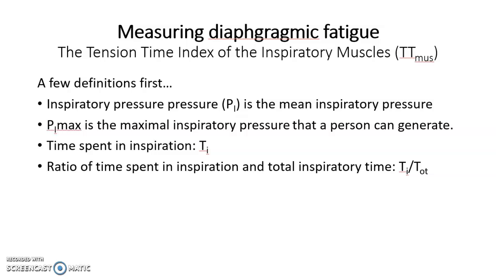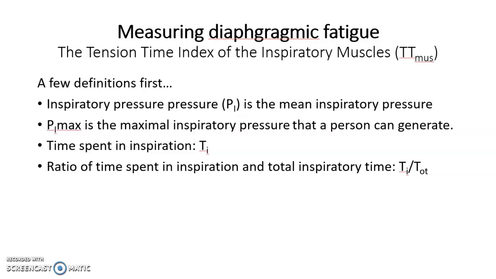Okay? So, how do we measure and figure out that the diaphragm is failing? Well, the gold standard for determining that is the tension time index of the diaphragm. Unfortunately, that's pretty hard to figure out. You have to get esophageal and gastric balloons in the patient, and let's face it, no one's really going to do that.